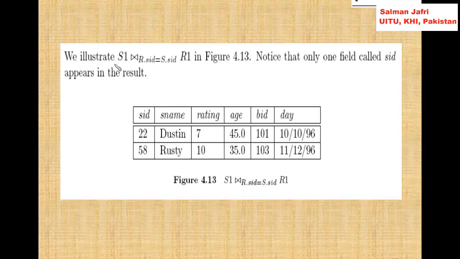This is the illustration of S1 joined with R1, where R.SID equals S.SID, shown in figure 4.13. This is the join operation. So what do we mean by this SID being displayed only once? It might be for S1, it might be for R1. That is the whole idea.